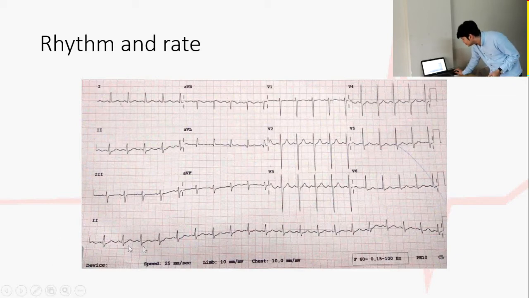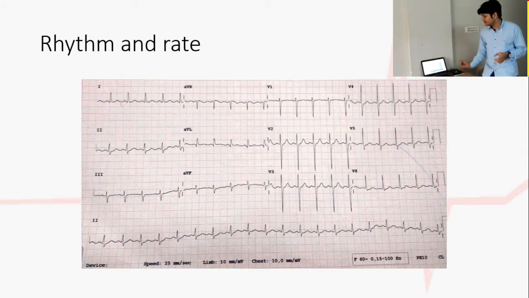Here, the RR interval between these two R waves is 1 and 2 large squares. In one large square you will find 5 small squares, so 10 small squares, and further 2 small squares, so a total of 12 small squares. Now if you divide 1500 by 12, your answer will be around 125. So your rate will be 125 beats per minute.